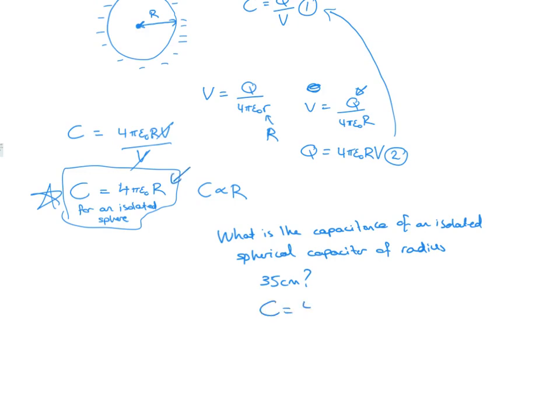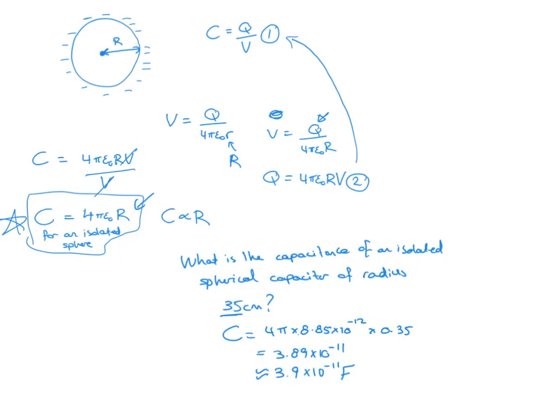So capacitance is 4 pi times 8.85 for the permittivity of free space, epsilon naught, times 0.35, which should give us 3.89 times 10 to the minus 11. Because the question gives us two significant figures, the answer is 3.9 times 10 to the minus 11 farads.